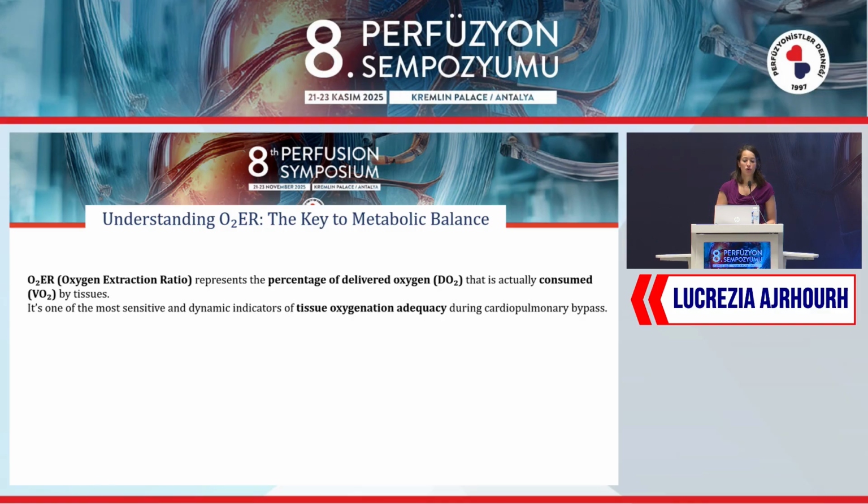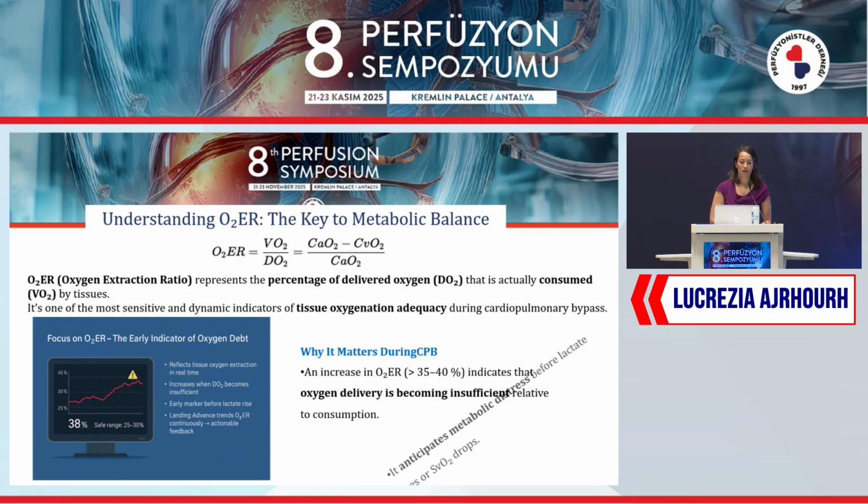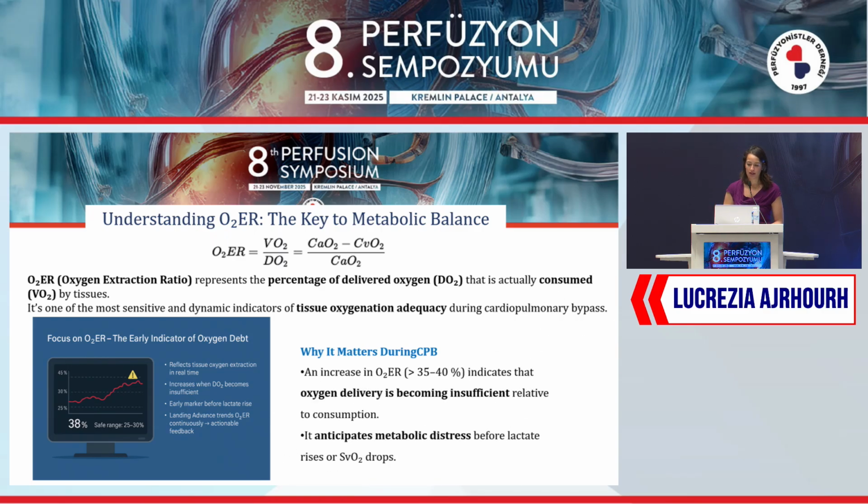An increase in O2ER, for example, when it passes from 35% to 40%, indicates that the oxygen delivery is becoming insufficient relative to the consumption. It anticipates the metabolic distress before lactate rises or SVO2 drops.